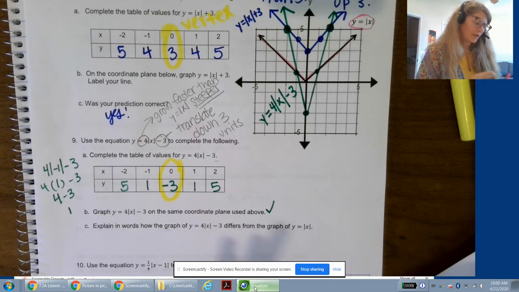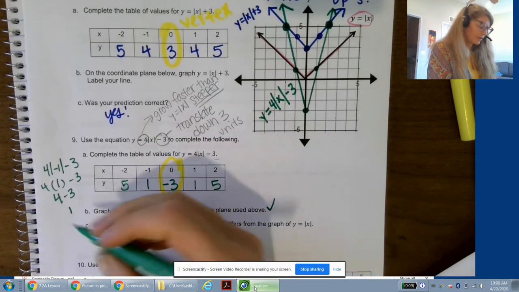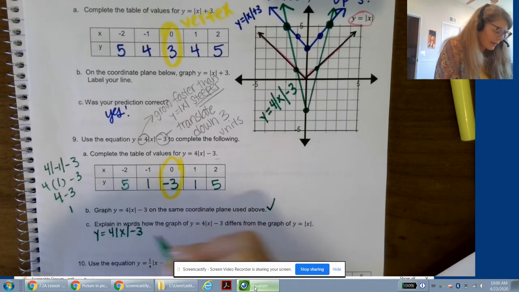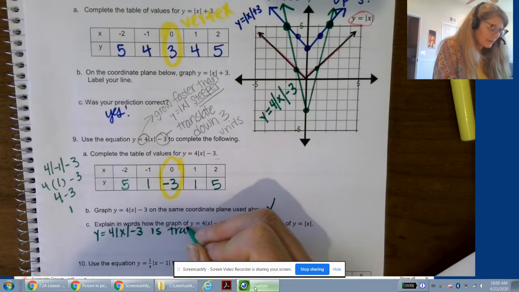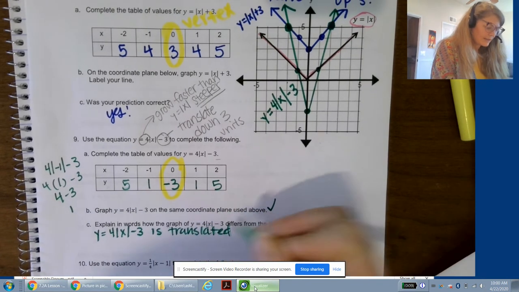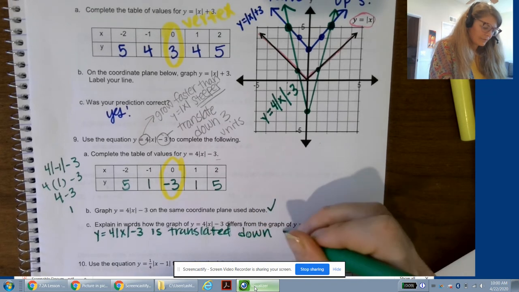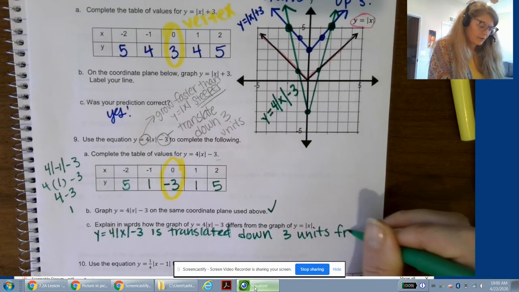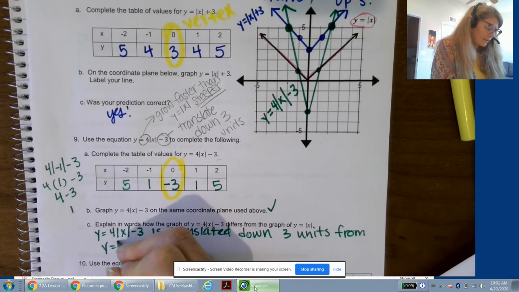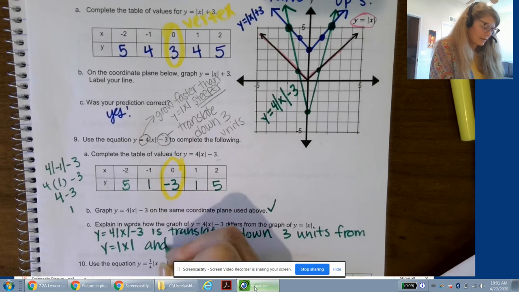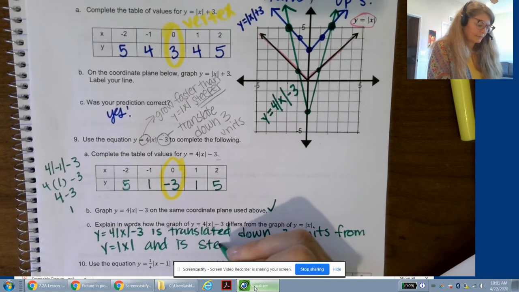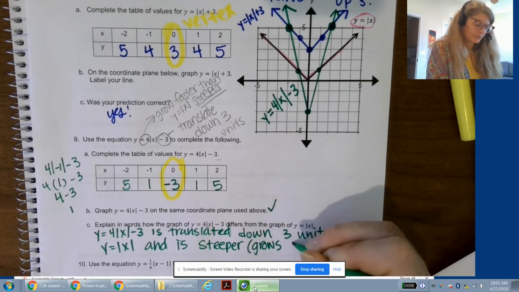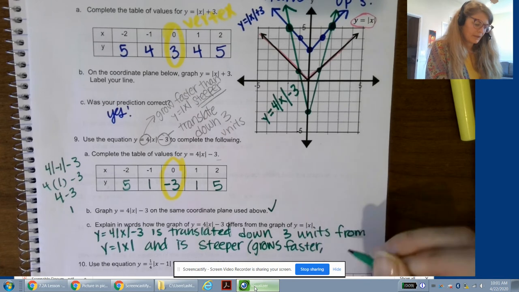Well, we translated our vertex down, so y equals 4 times the absolute value of x, all minus 3, is translated down 3 units from y equals absolute value of x, and is steeper, grows faster, narrower.